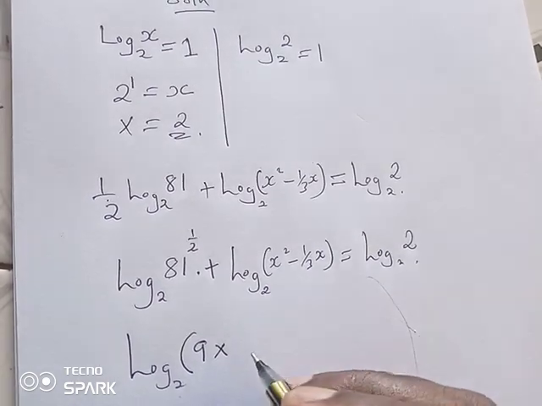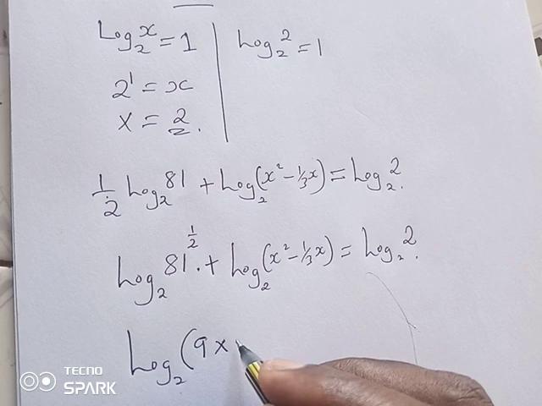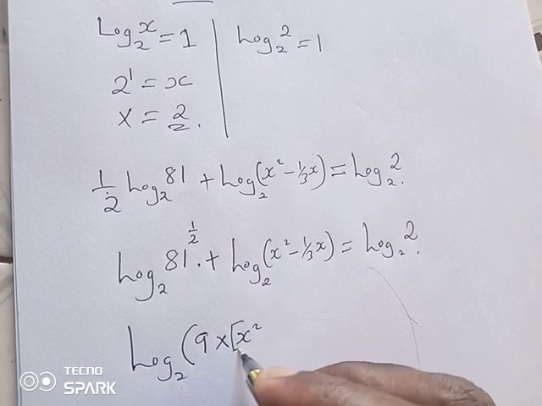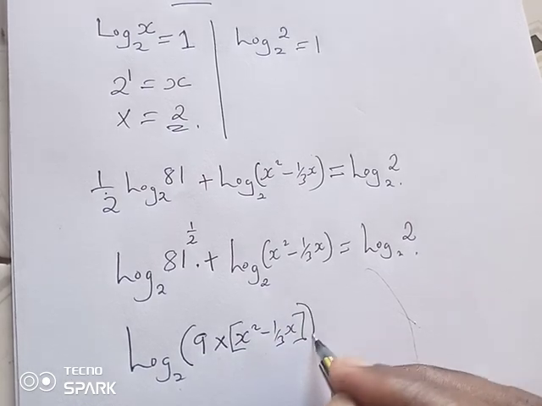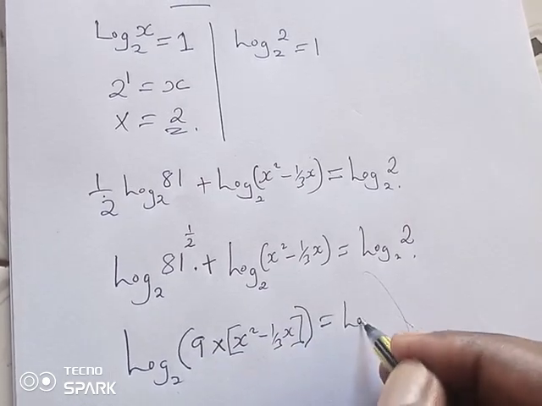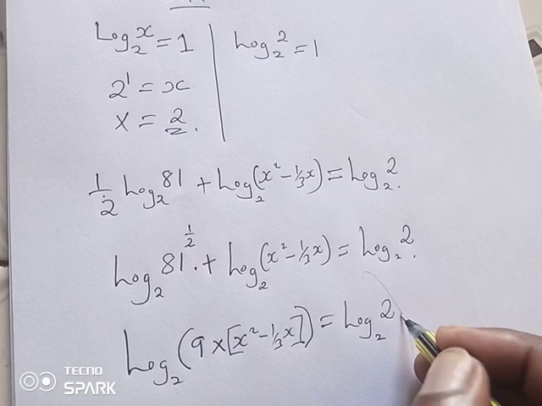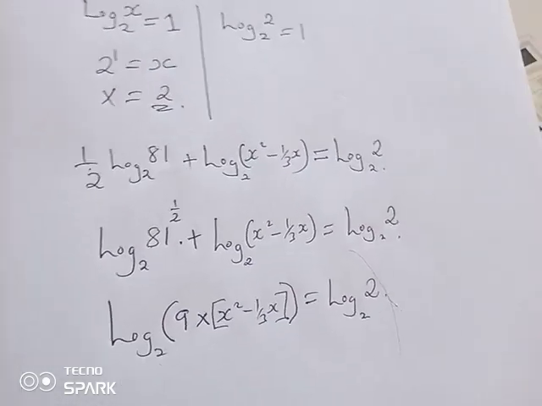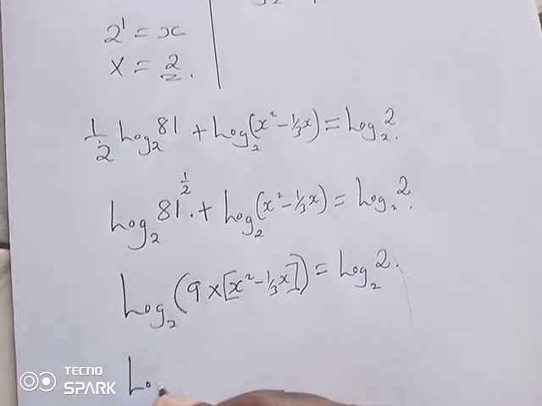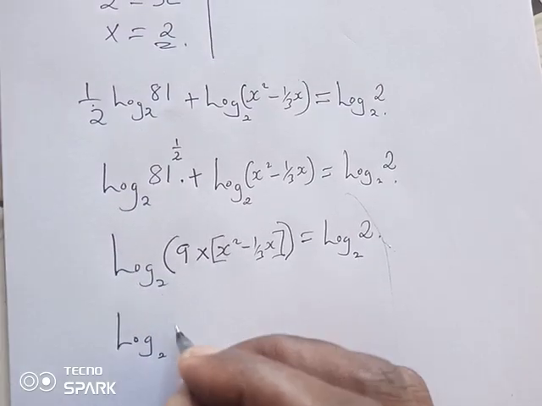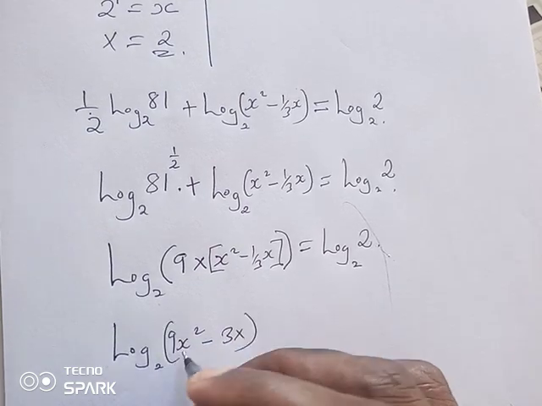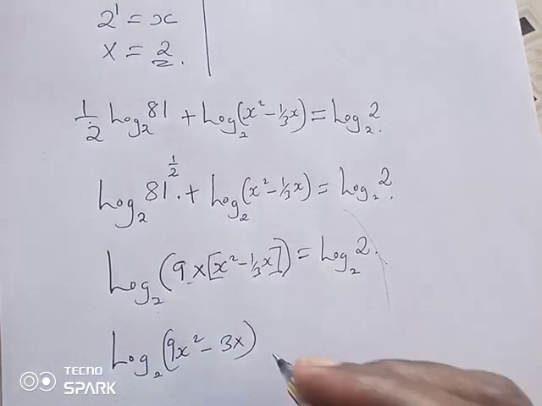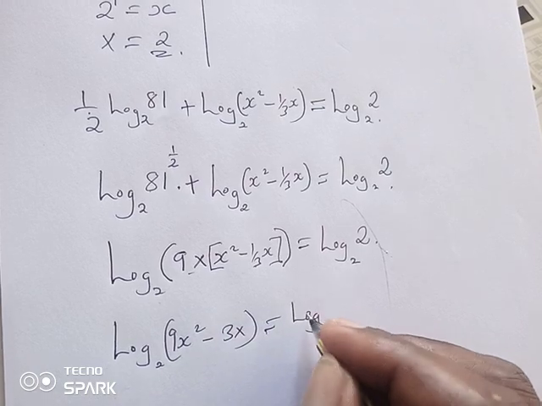So times x squared minus a third x should be equivalent to log base 2 of 2. So this is now log base 2 of 9x squared minus 3x, if I break the bracket, should also be equivalent to log 2 base 2.